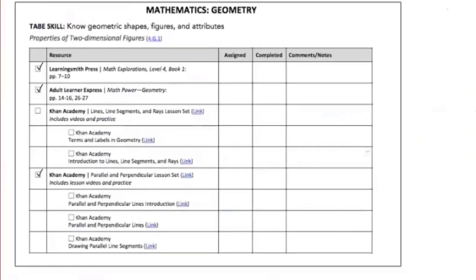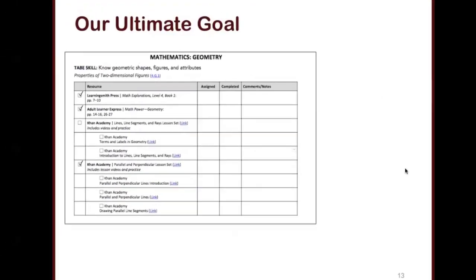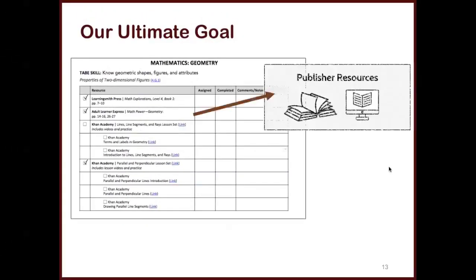We have content alignments for almost 300 publisher print books, as well as a number of free and open online sources. Our goal is to create a tool that allows you to create learning plans, maybe something that looks like this. We're going to be testing different things.